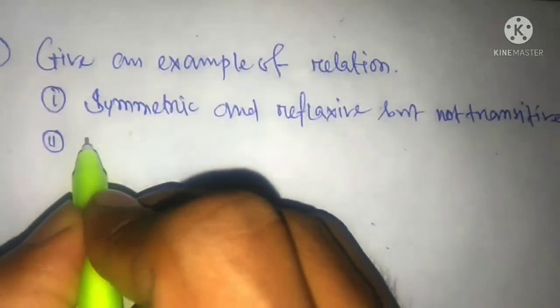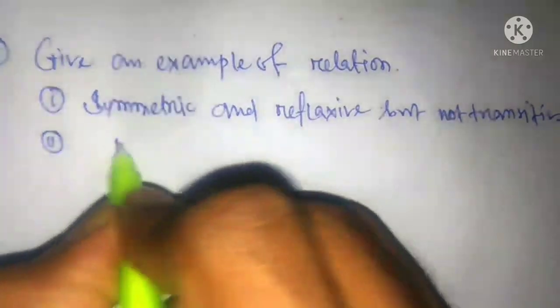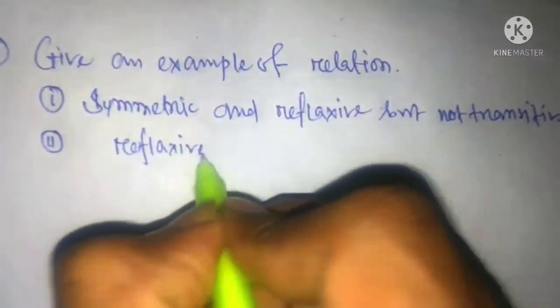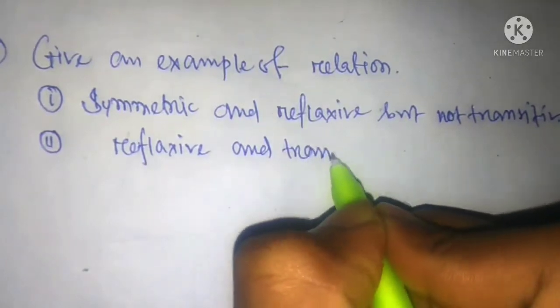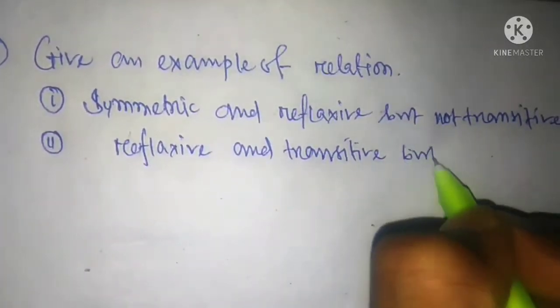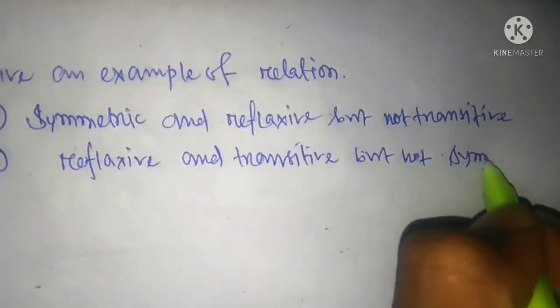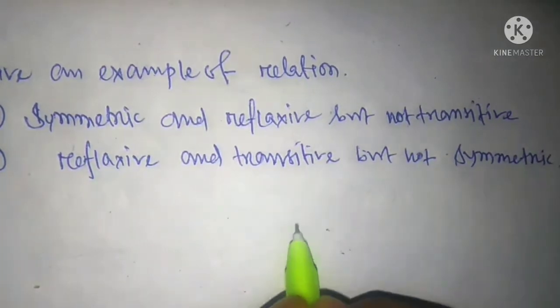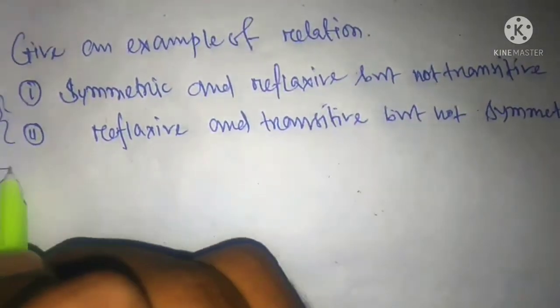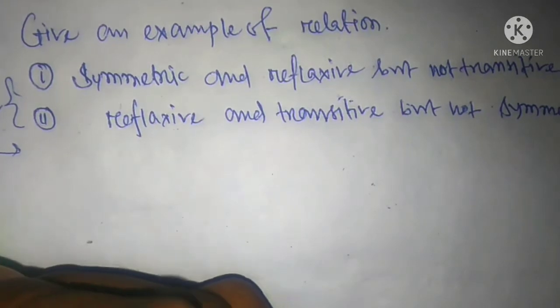Another, give an example of a relation that is reflexive and transitive but not symmetric. So we discuss these two examples and then we discuss another.